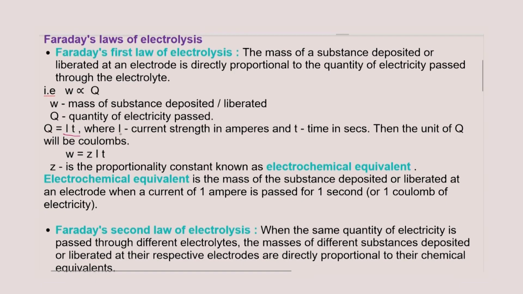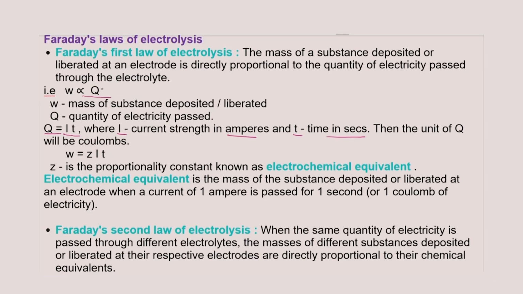The current strength I should be in amperes and time should be in seconds. The product of these two is known as quantity of electricity, and the amount of substance deposited on an electrode or liberated in an electrolysis process is directly proportional to the quantity of current passed. If you increase the quantity of current passed, the amount of substance deposited or liberated increases, and if you decrease it, vice versa happens.